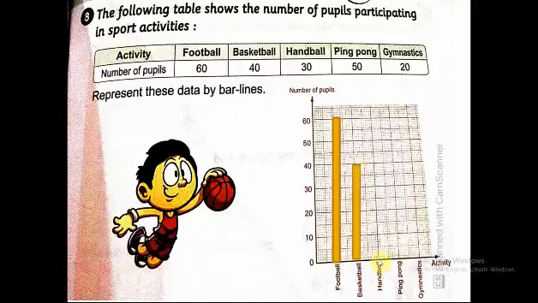I'll go from handball to reach 30, then make my bar line. Ping pong is 50, because number 50 is here, from ping pong to 50, and I make my line. Gymnastics is 20. I move from gymnastics to reach the number 20, then make my line.